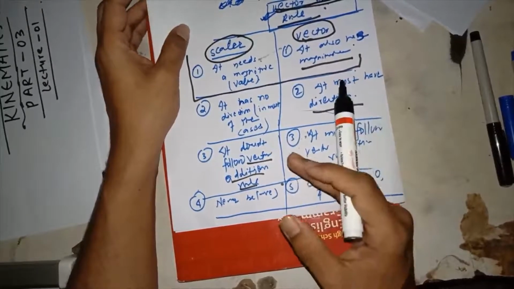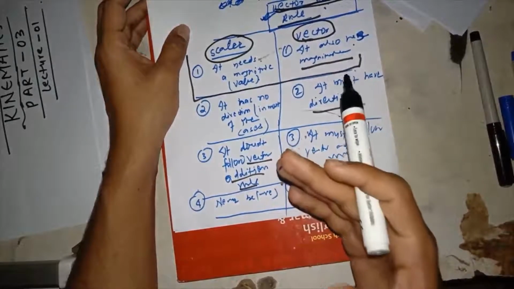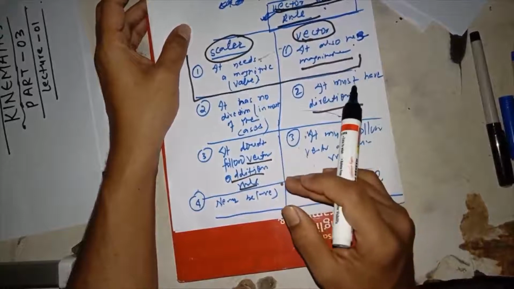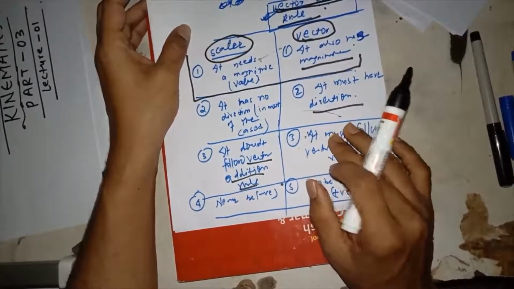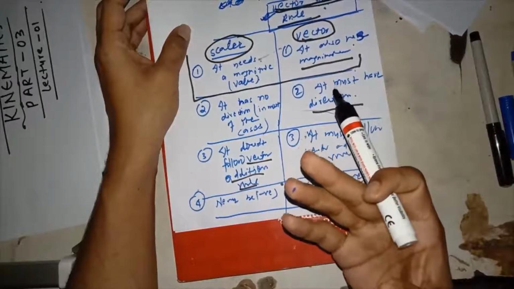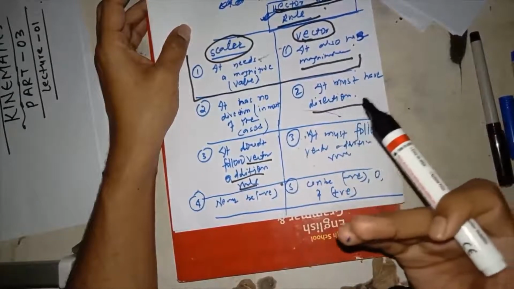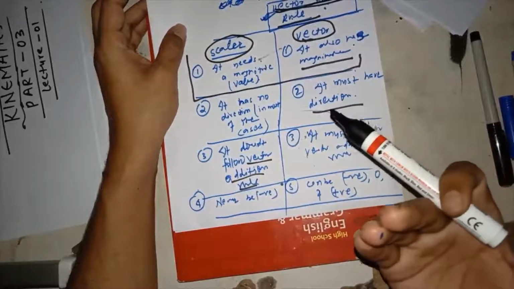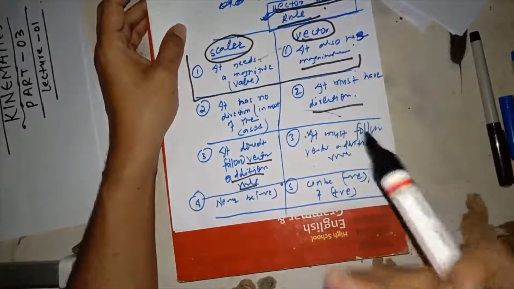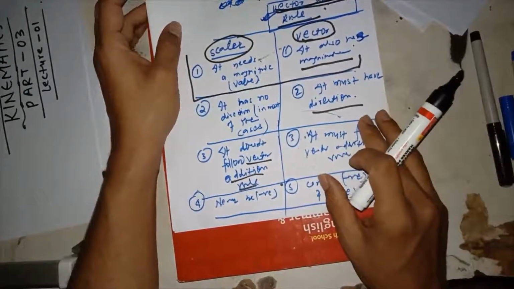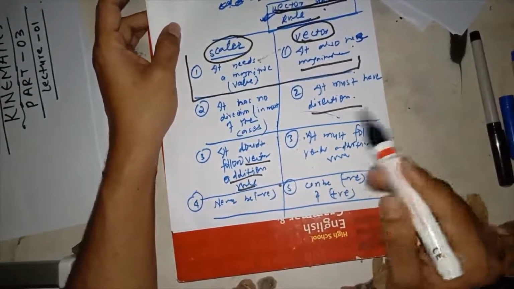In vector quantities, if direction changes, the value may or may not change. So it depends on direction also. If I have a 20 meter per second value, in a different direction it may have a lesser value, or another different value. It depends on direction.